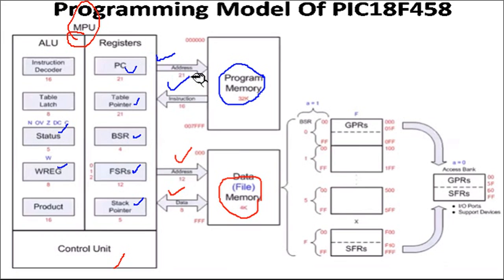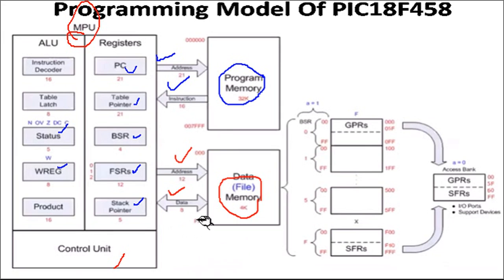Separate buses are used to connect the microprocessor unit to the memories. The microprocessor unit is connected to the program memory using these buses, and similarly it is connected to the data memory using these buses.